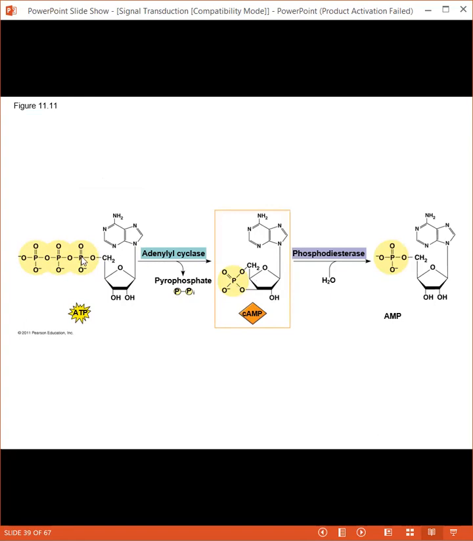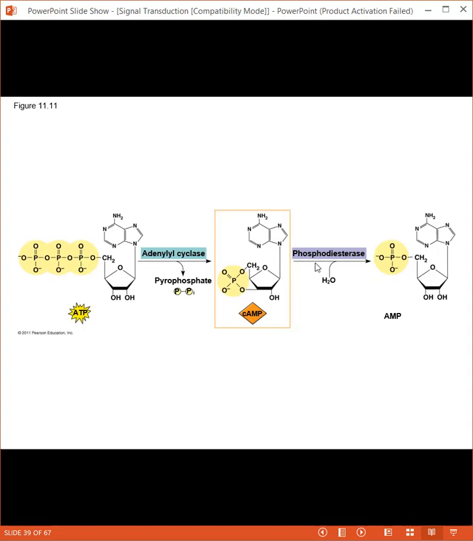Because this phosphate joins with the ribose sugar by a bond, and that's why its nature is cyclic. So it is termed cyclic adenosine monophosphate. Actually it is an AMP, but it is cyclic in nature.